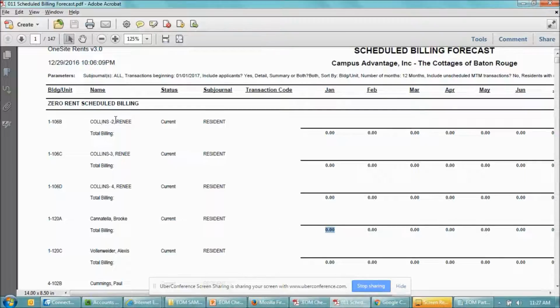Or in this instance, Renee Collins, we've got a -2 here, which would lead me to believe that she has rented 2 bedrooms, and each property will budget differently. Some will want this to show as a loss here, but her bedroom A might have 2 rents on it, or we might have bedroom A have the 1 rent and bedroom B have the other. So there might be a very valid reason why they have 0 rent up at the top. We just need to identify and make sure that it is correct.